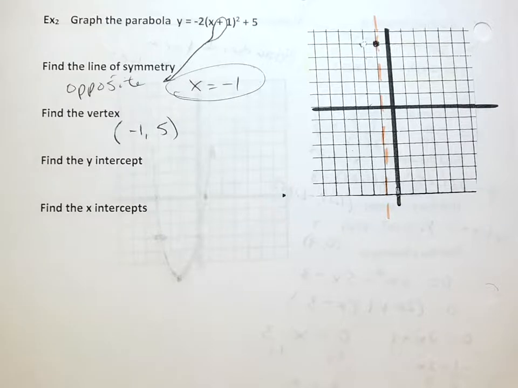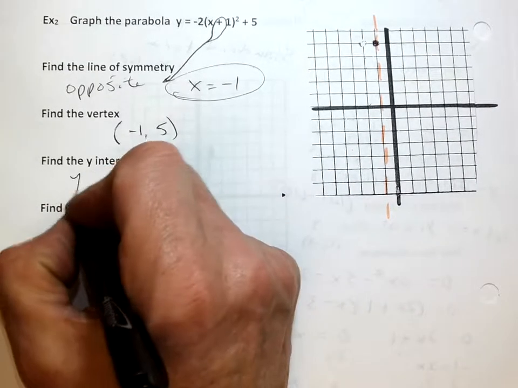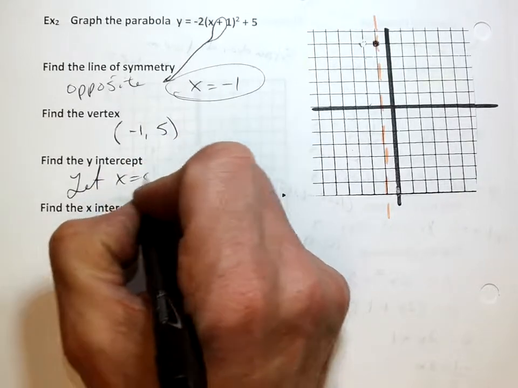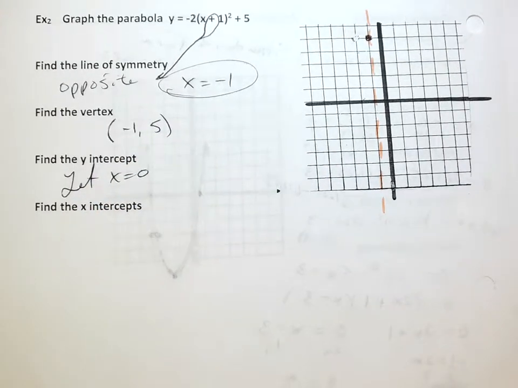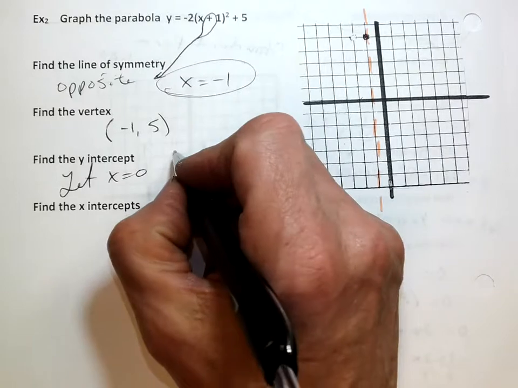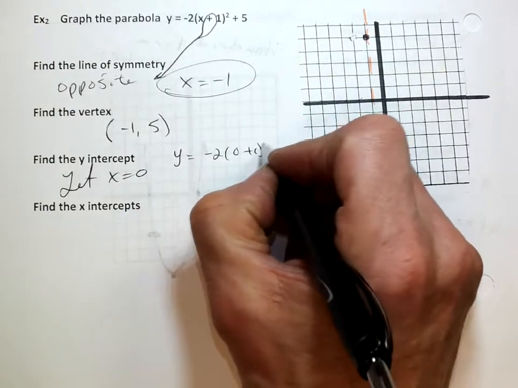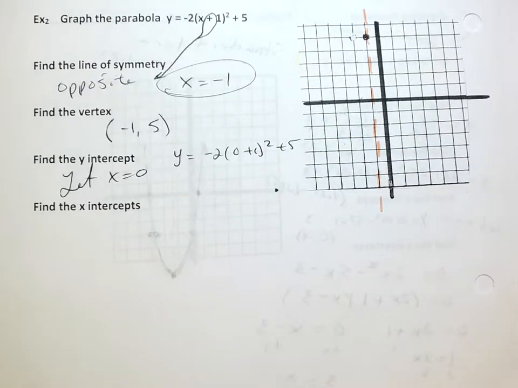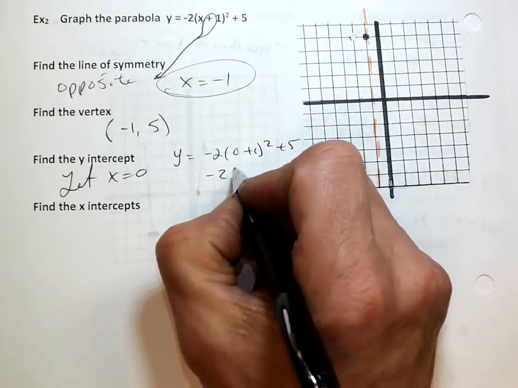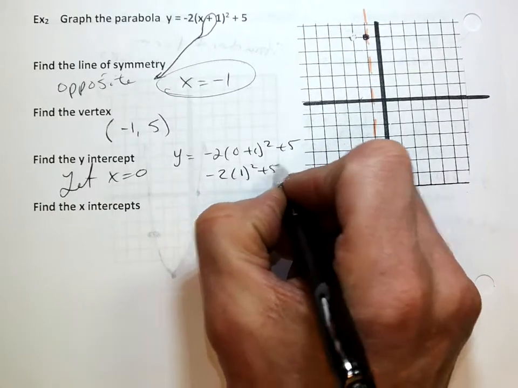Mostly gone. All right, now, the y-intercept. Well, the y-intercept, you really do need to let x equal 0, okay? So if x equals 0, I'm going to have y equals negative 2 times 0 plus 1 squared plus 5, right? That's going to be negative 2 times 1 squared plus 5.